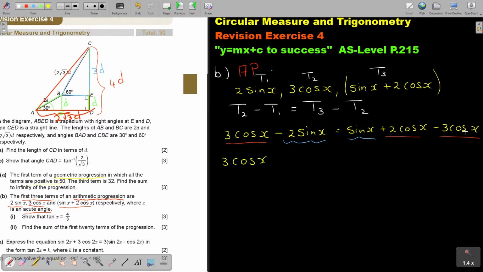It's minus, so it's going to be plus another cos x. Do you see? I simplify already to negative cos x, come over positive cos x. This is sin x plus 2 sin x. So this is going to be 4 cos x equals 3 sin x.